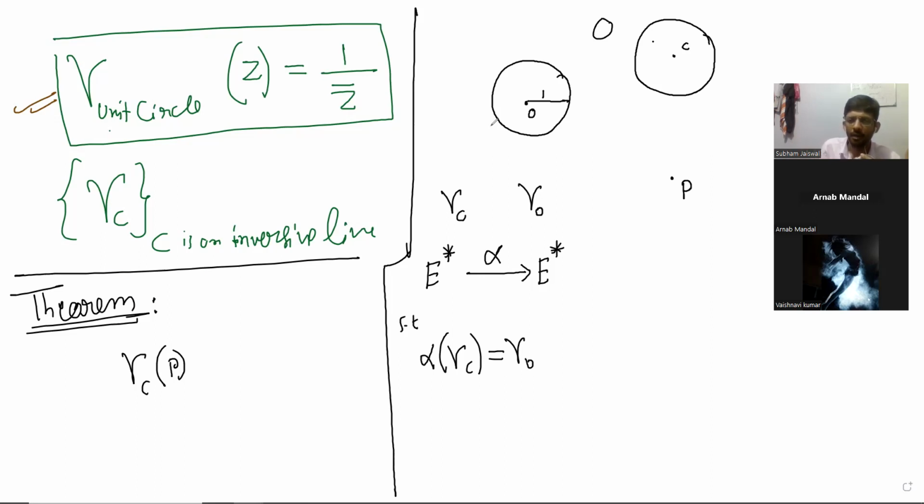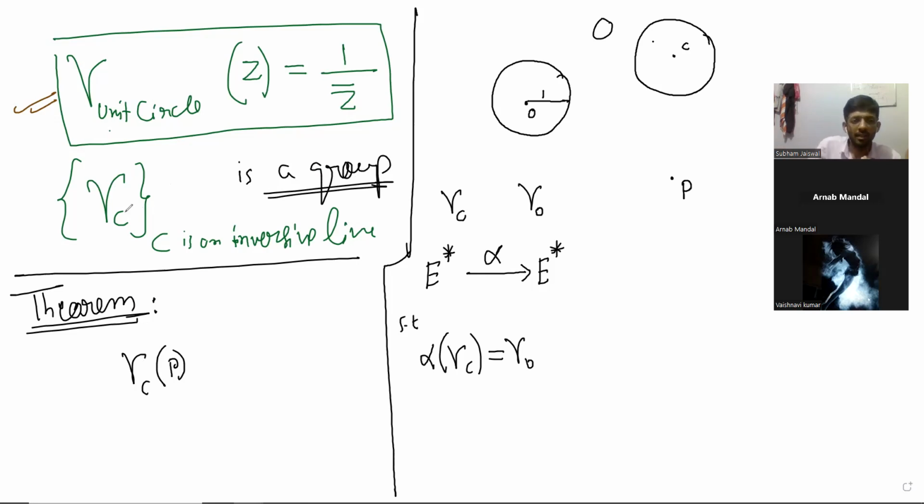These things are relatable with the group actions. Yes, because this is sort of the background. What is happening is that this collection gamma C is a group. And this group is now acting on this plane.